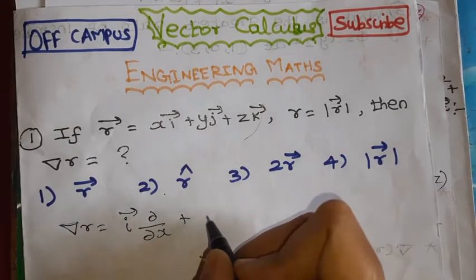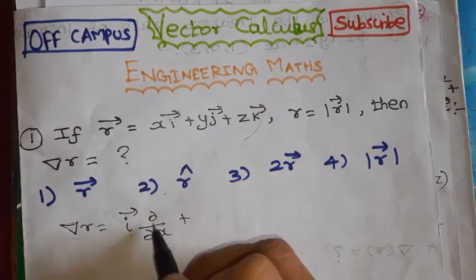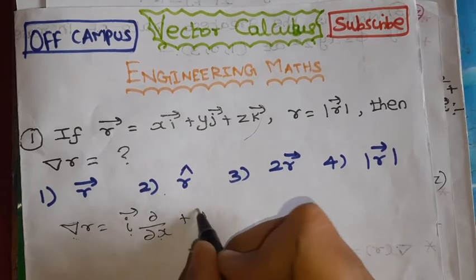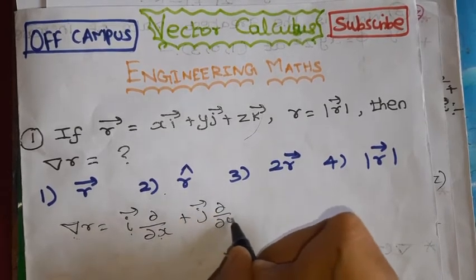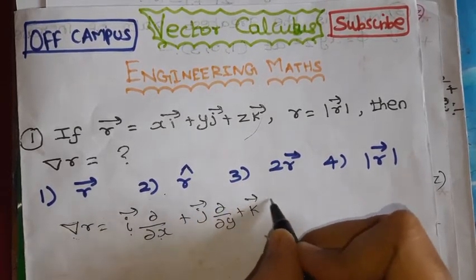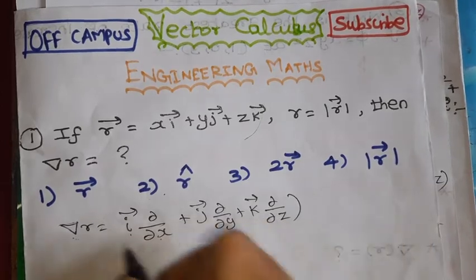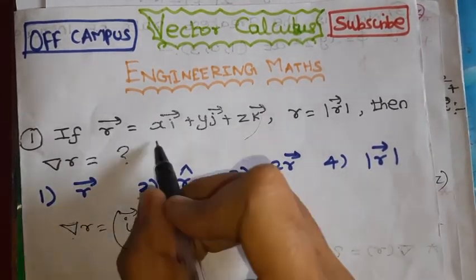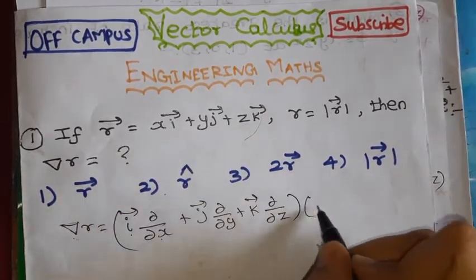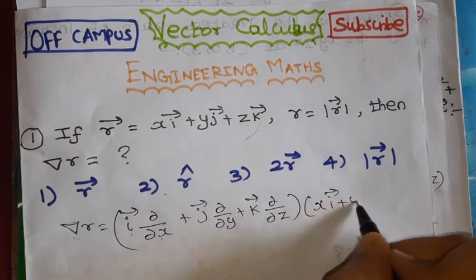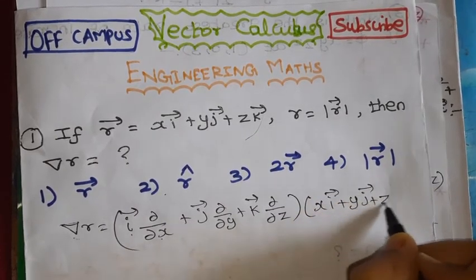So what is del? Del is i into dou by dou x plus j into dou by dou y plus k into dou by dou z.